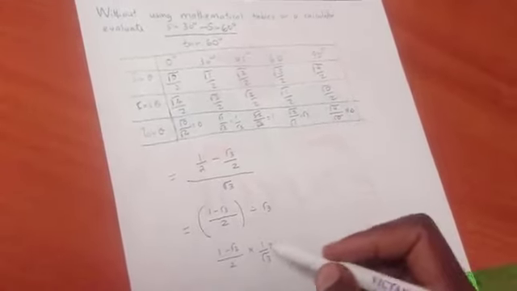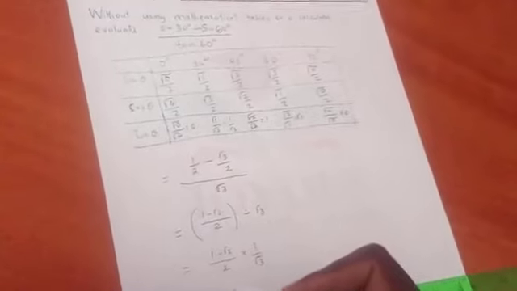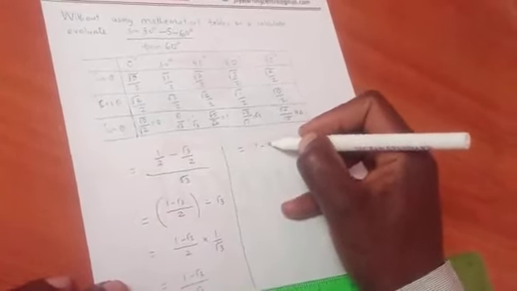This will mean that we have (1 minus root 3) over 2 times root 3.